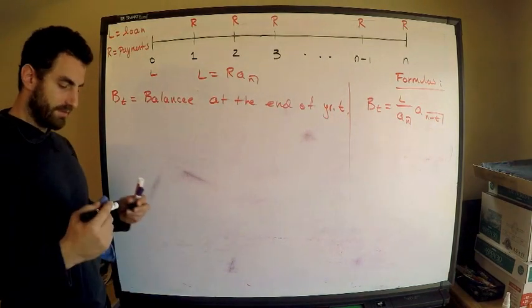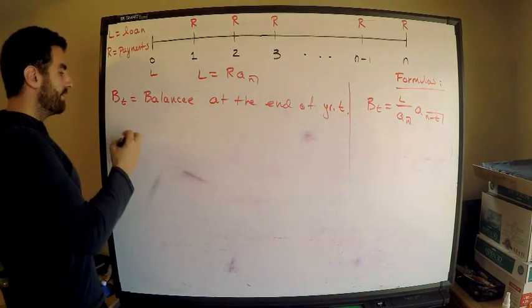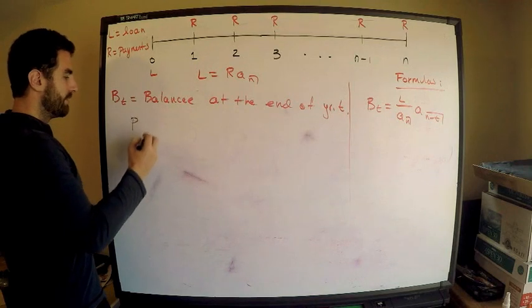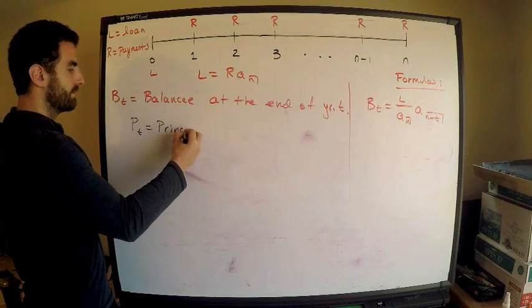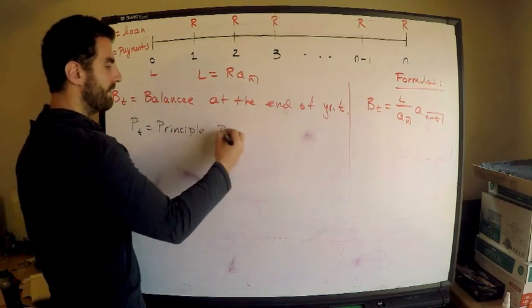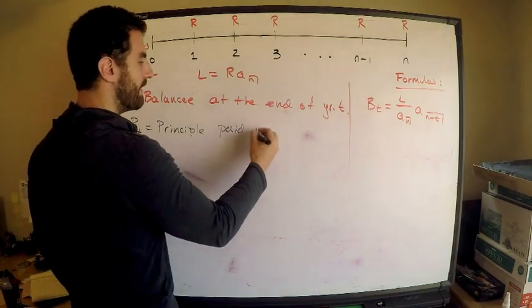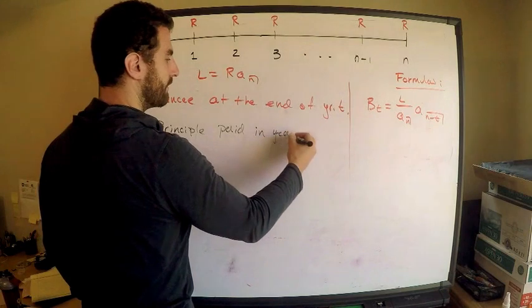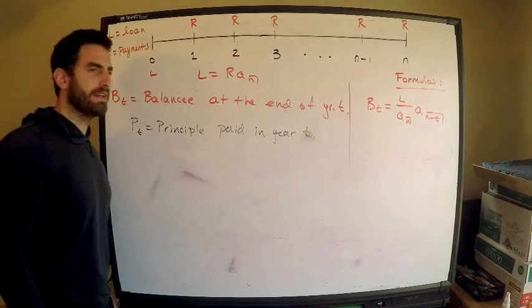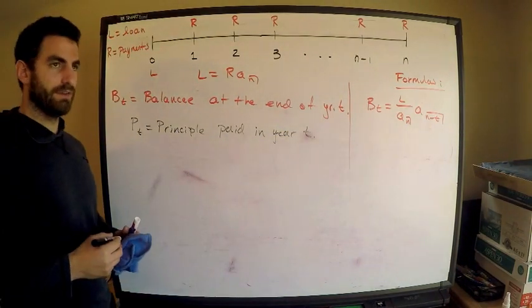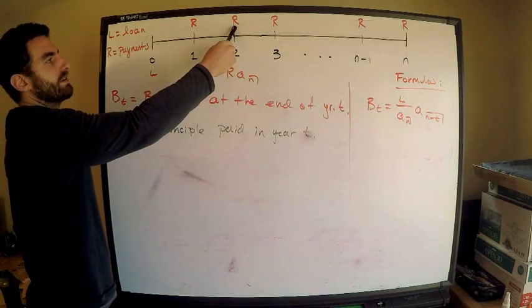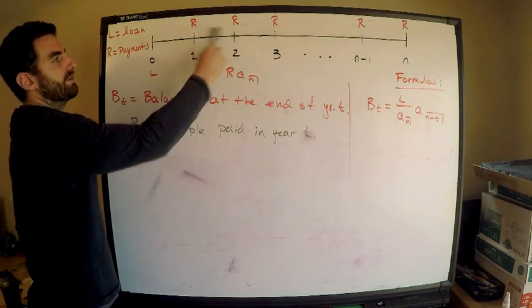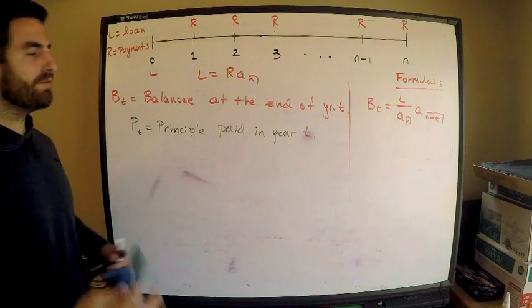So prospectively, let PT be the principal paid in year T. Really I should say at the end of year T, because you make a payment, say in year 2, and this consists of the principal you paid during that year. Hopefully that makes sense.